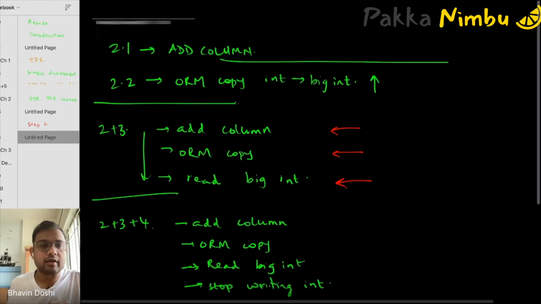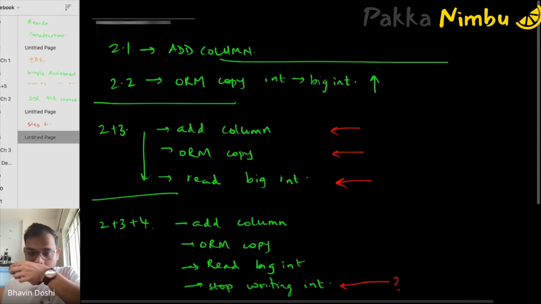This stops writing int, right? Can you really roll it back safely? Can you roll this back?